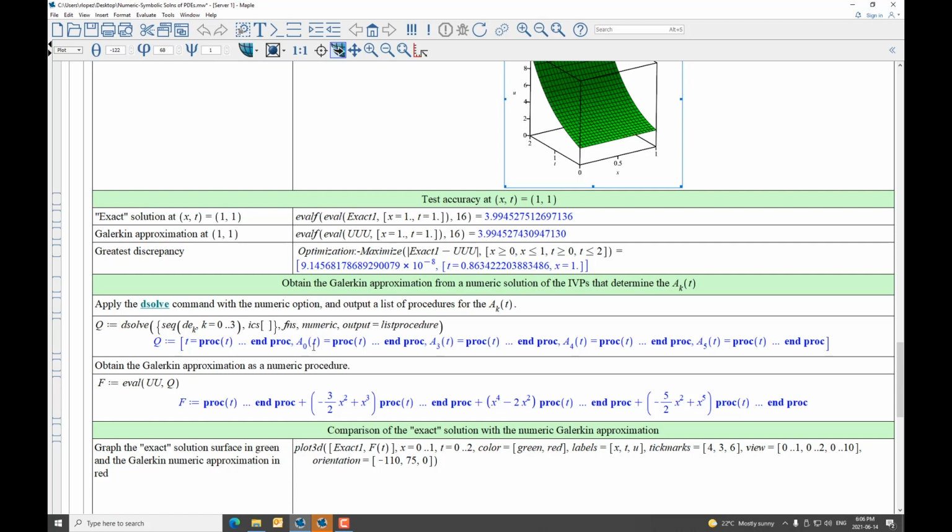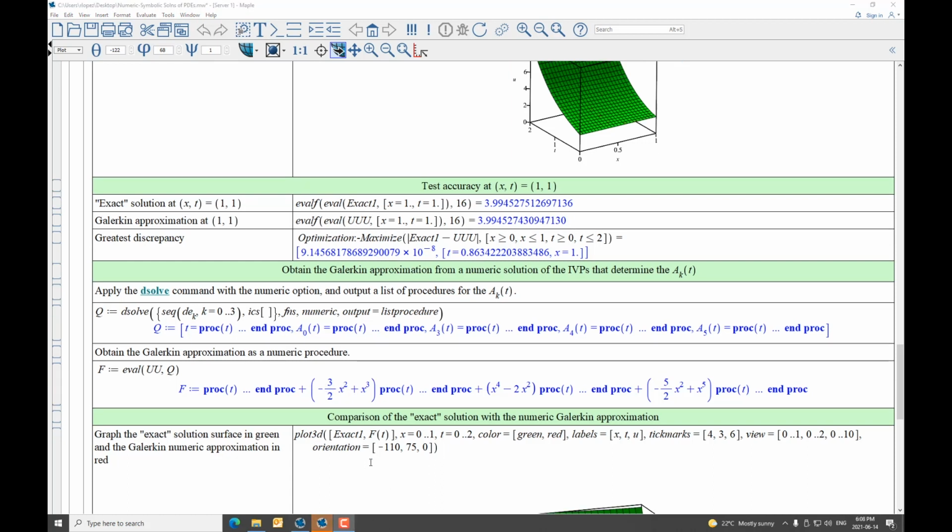Each of the unknown a's is given by a procedure which, when invoked, gives you the value of that function. If you put these procedures into the template, you get a procedure that gives you the values of the solution at x and t.